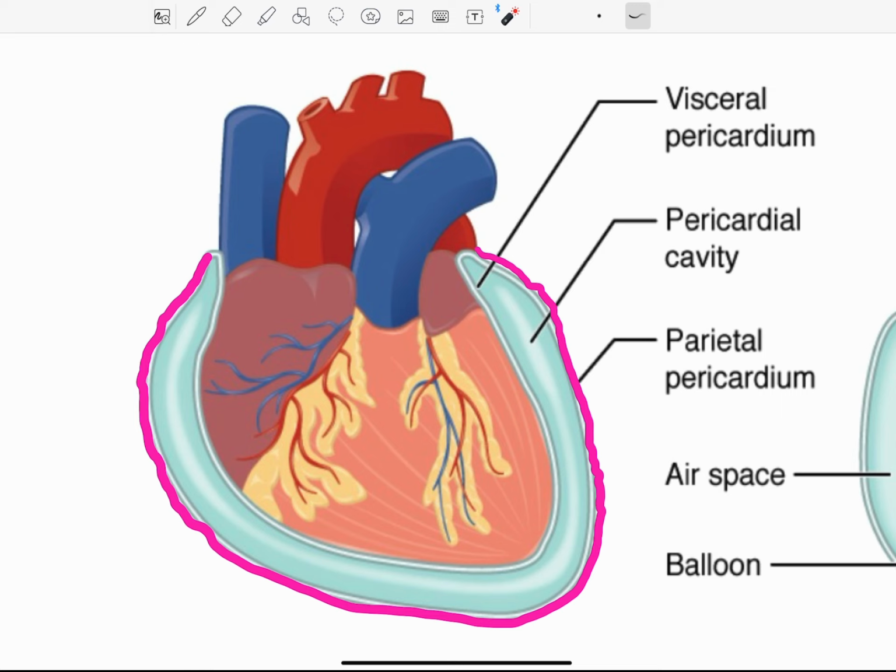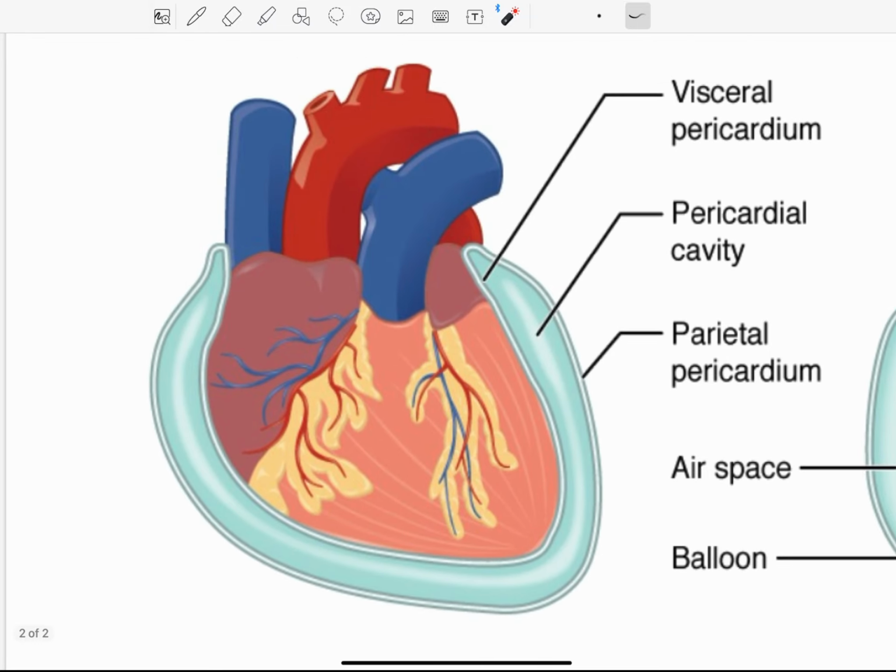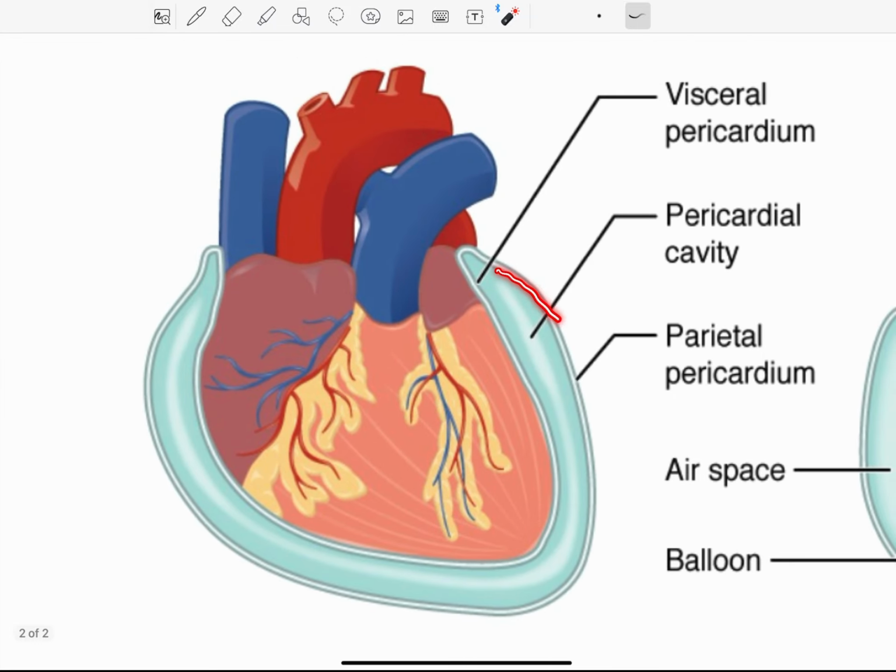Now as we go deeper, I'm just going to remove that. As we go deeper, we're going to have this doubled membrane that is deeper to the fibrous pericardium, and this is part of the serous pericardium. And here we have two layers. We have the parietal layer. So the parietal layer sits just deep to the fibrous layer.